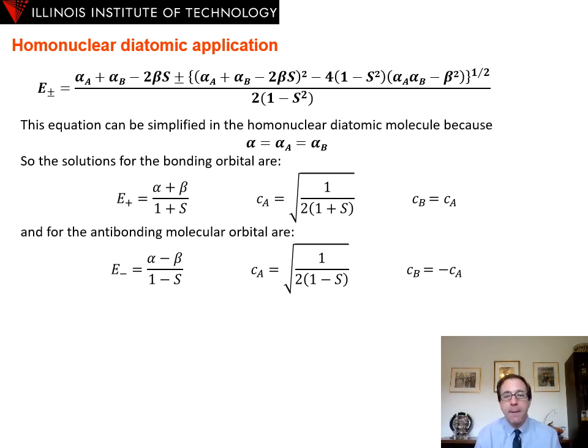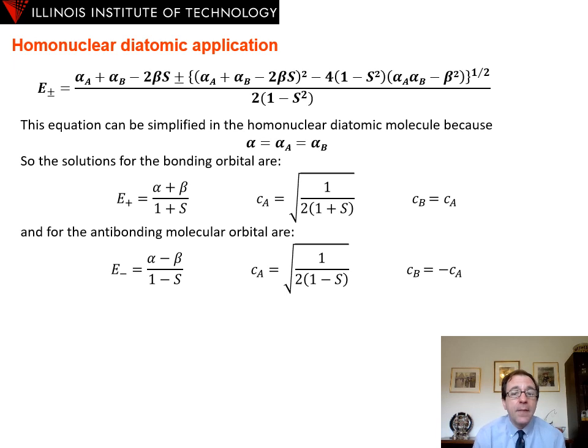And then we're dividing by a number a little bit less than 1, whereas in the positive case, we're dividing by a number a little bit greater than 1. So the amount that the energy decreases from alpha is not quite as large as the amount that it increases in the anti-bonding orbital. So that's that splitting. The coefficients change a little bit as well.